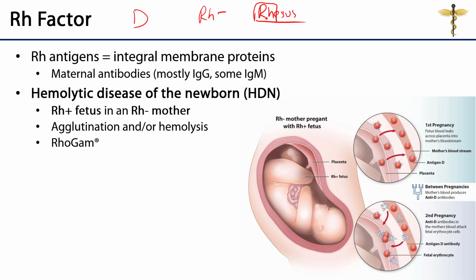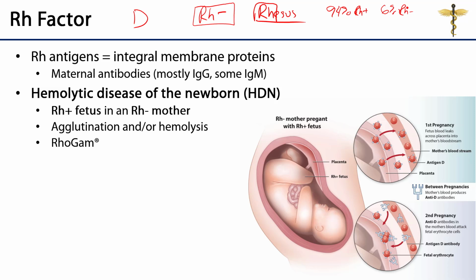Individuals that completely lack the D antigen are Rh negative. Worldwide, this is a small minority of people, and it does vary by geographic region. But worldwide, about 94% of individuals are Rh positive, and about 6% are Rh negative. So Rh negative is a very rare condition.